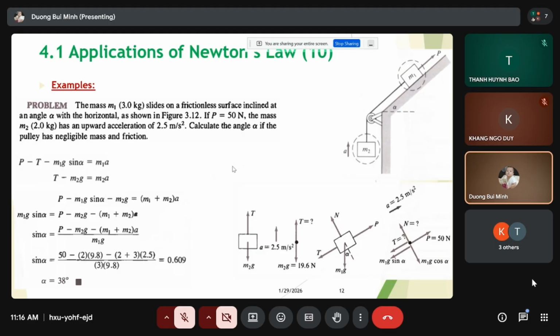Right. And I forgot minus T. Maybe we need to change the different colors.